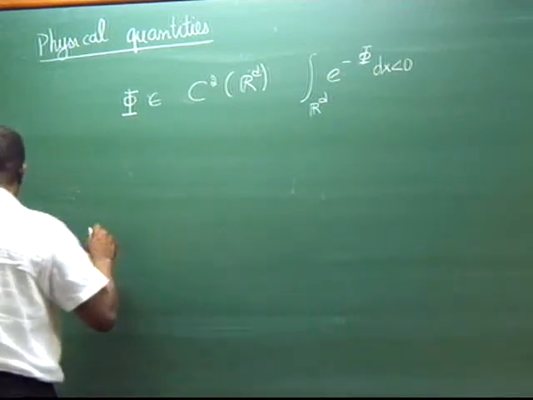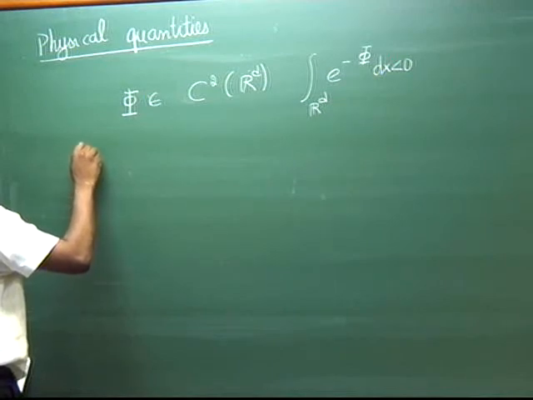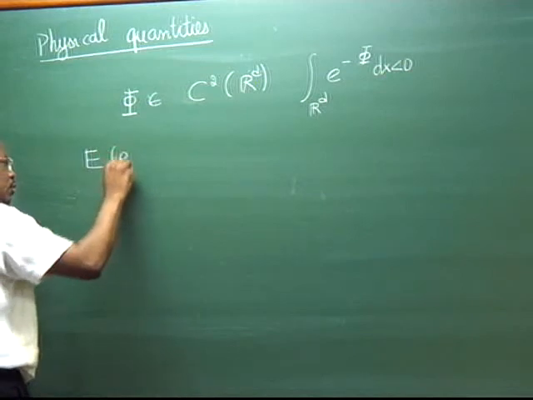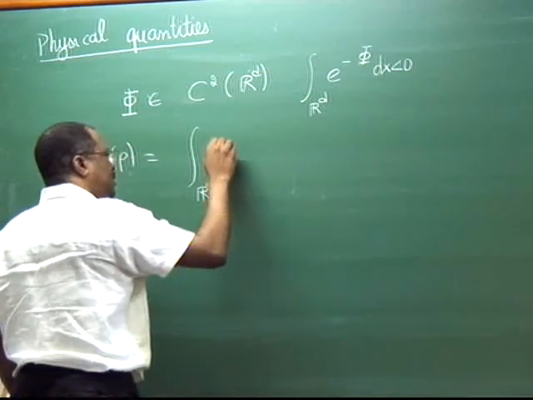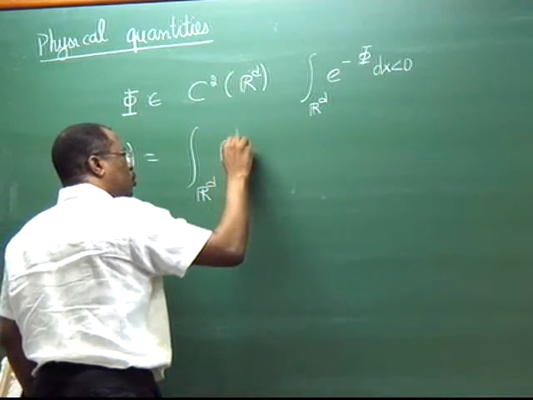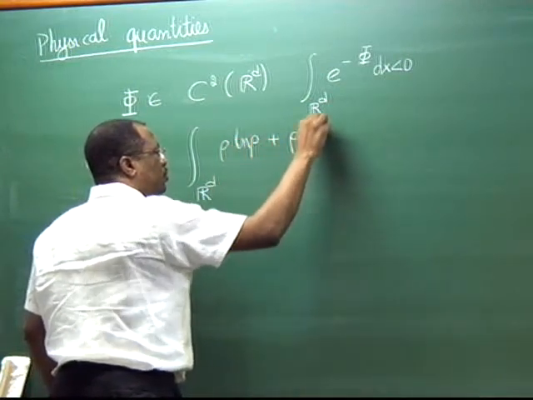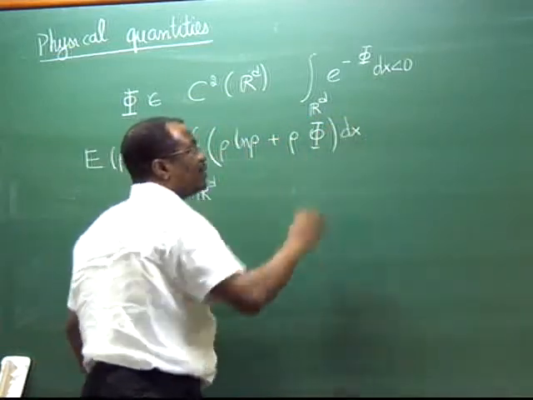And I am going to consider the energy functional E of rho equal to the integral over R^d of rho log of rho plus rho phi dx.